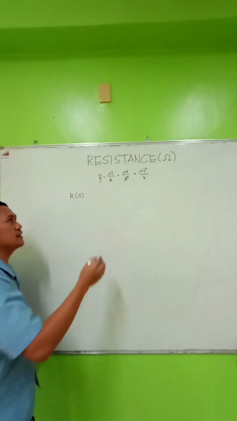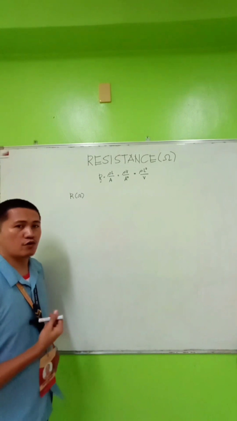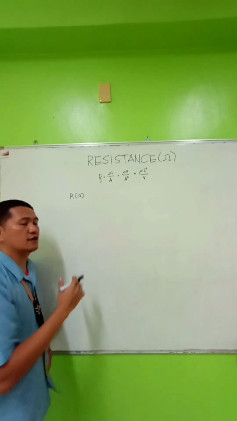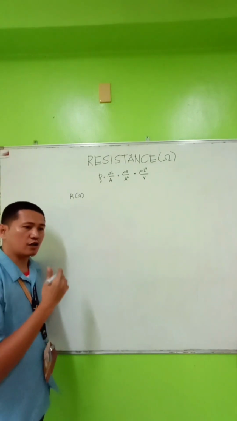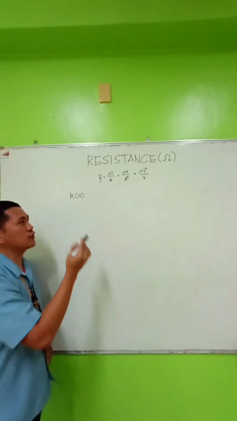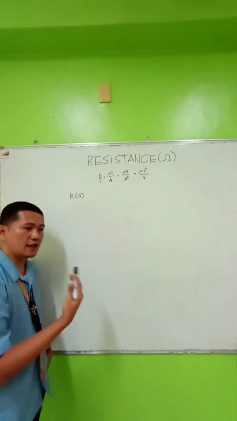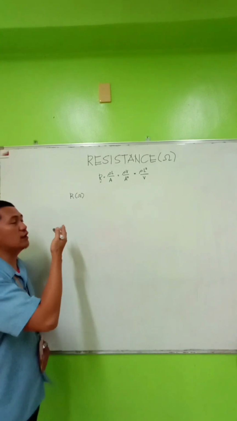Another thing is the length of your conductor, or the length of the bus bar, or the length of the aluminum sheet or the copper sheet. So your resistance is directly affected by the length. So these are the things that affect the value of our resistance.